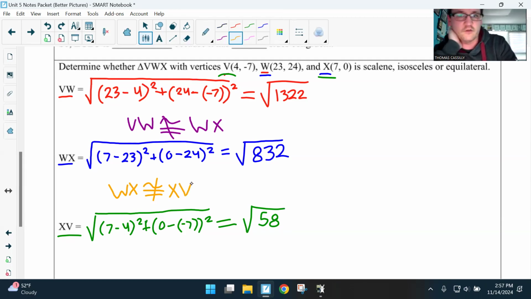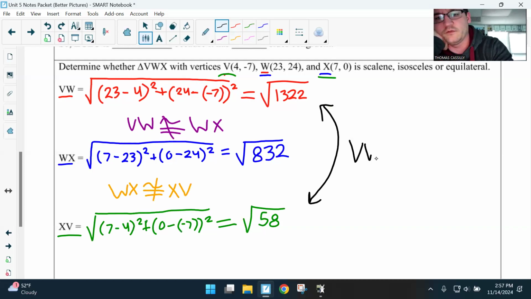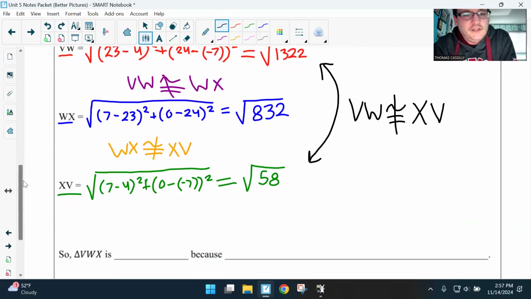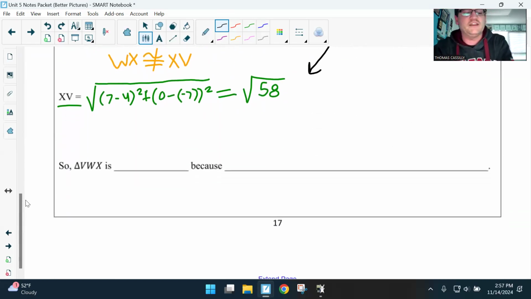So those two are not congruent. Also, look at these two. All right, the top and the bottom. VW is not congruent to XV. All right. So we have a triangle where all 3 sides are different lengths. What does that mean? By definition, that is a scalene.